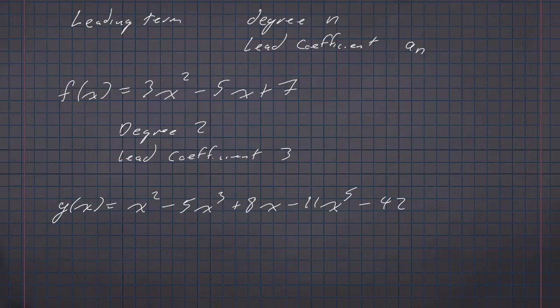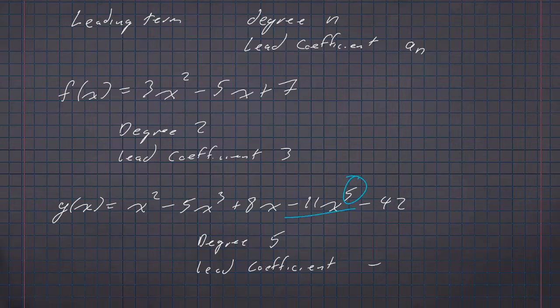The highest exponent in this expression is this guy right here. So there's my lead term buried in the middle of the polynomial. Nonetheless, the degree of this polynomial is 5, and the lead coefficient is negative 11.